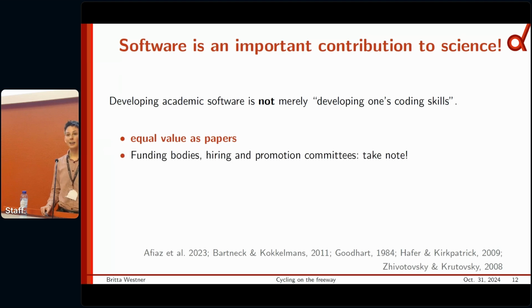Funding bodies, hiring and promotion committees have to take note of this and take action to actually do this. However, please be careful with metrics, because we have seen with the h-index, it's a really bad idea.